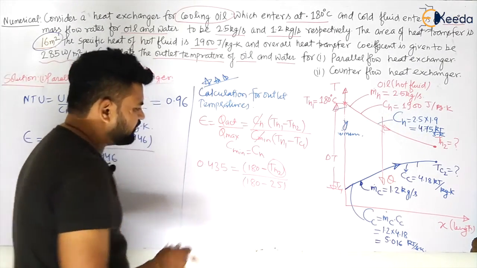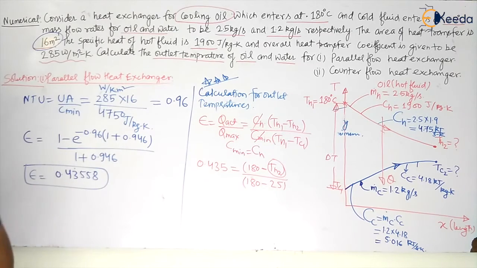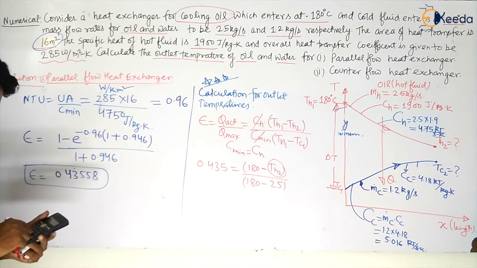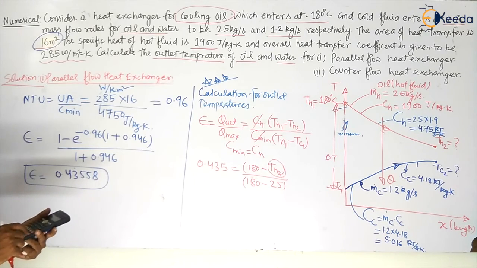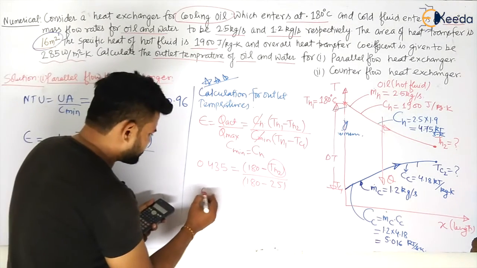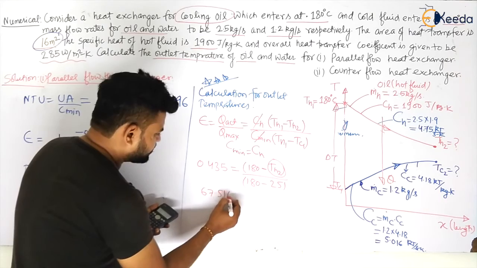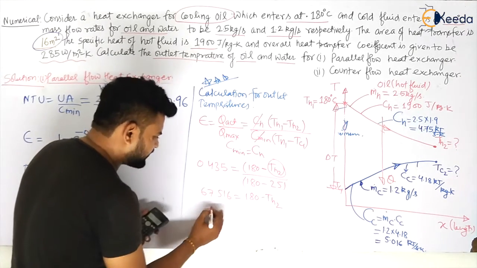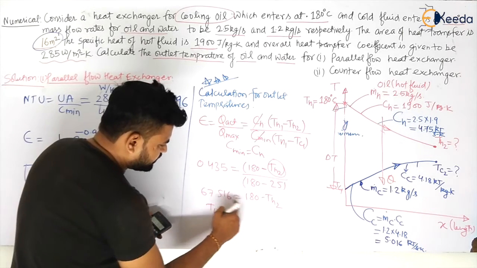So let us calculate the value of TH2. This will be 180 minus 25. So this value will become 67.516 is equal to 180 minus TH2. So TH2 will come this side, and this will go this side.